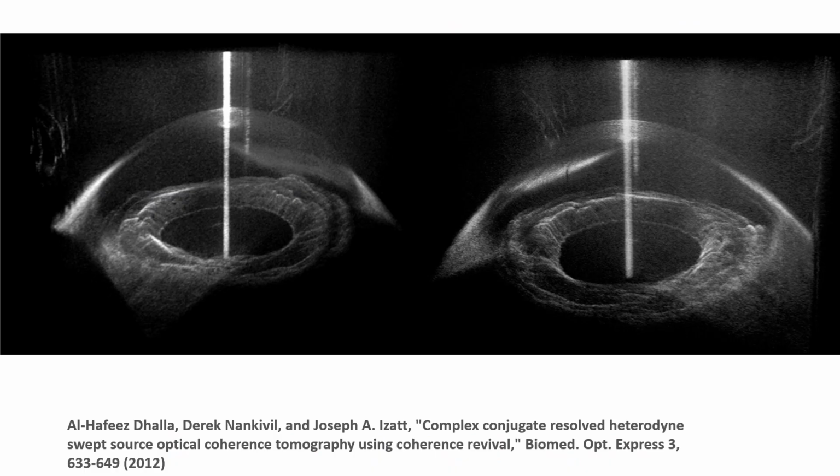Optical coherence tomography is another example of diffraction tomography. In the case of OCT, it's a one-dimensional ranging tomography through a confocal system. This is an example of an eye reconstructed in 3 dimensions by scanned OCT, on the left using 1064 nanometer illumination, and on the right 800 and some nanometer illumination.